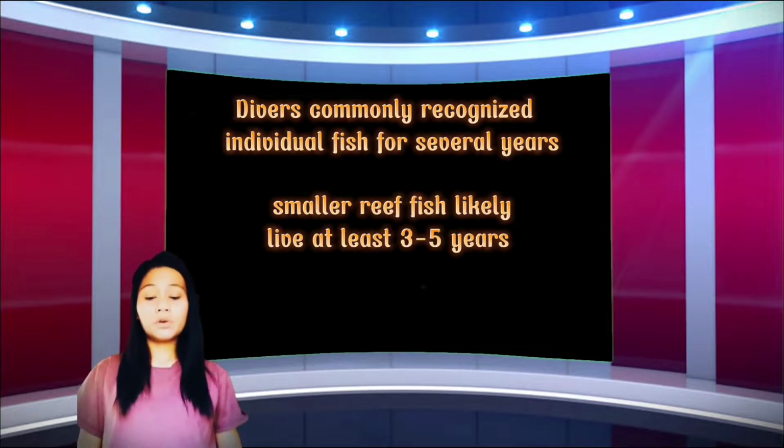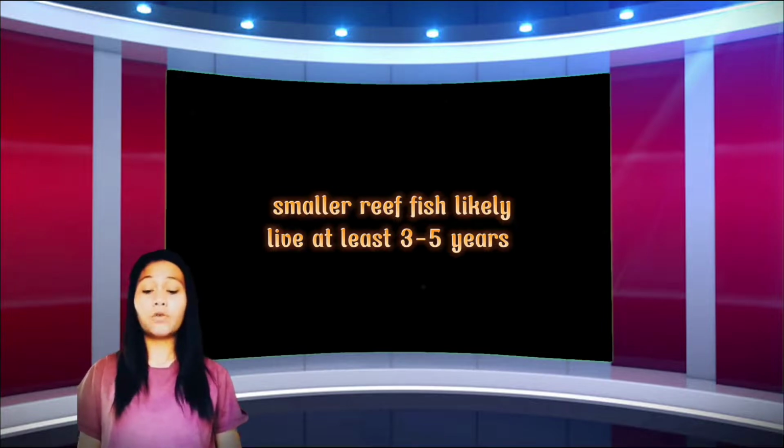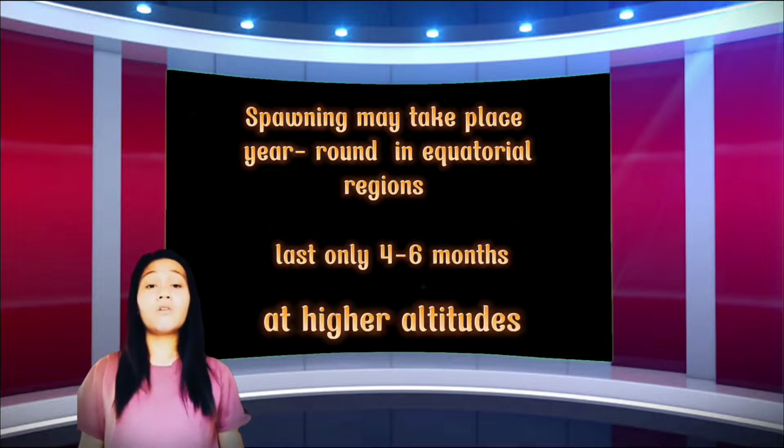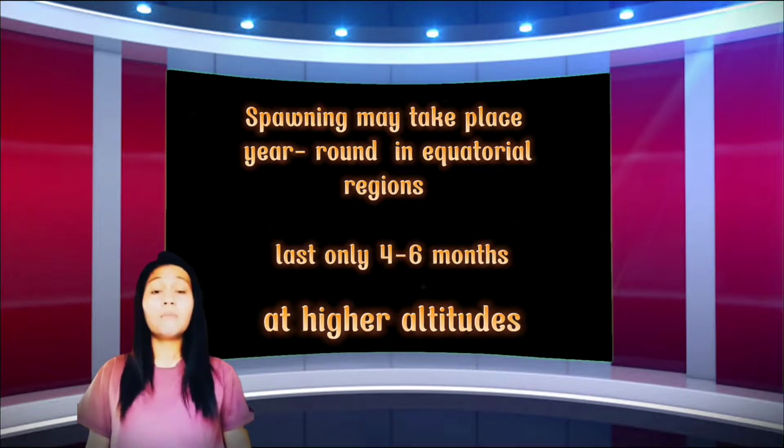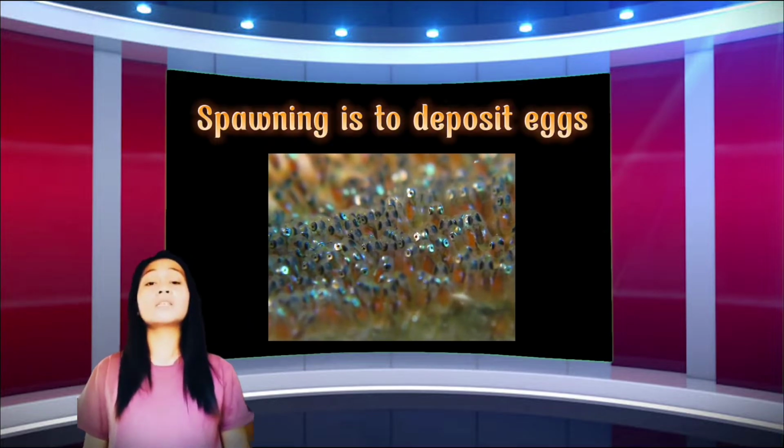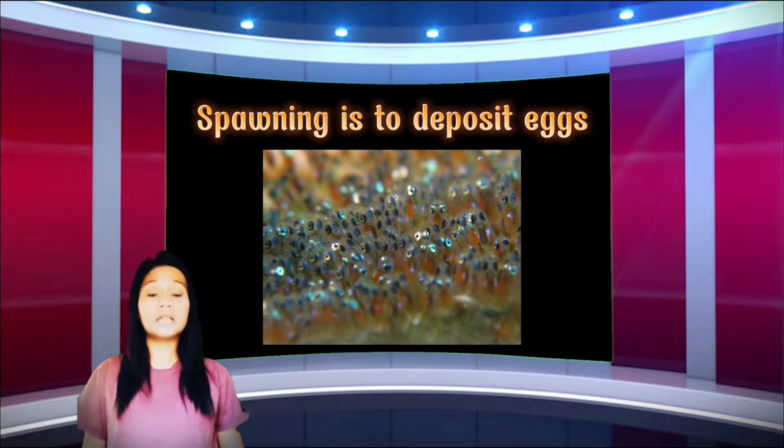Divers commonly recognize individual fish for several years in the same place, so most smaller reef fish likely live 3 to 5 years. Spawning may take place year-round in equatorial regions, but lasts 4 to 6 months at higher latitudes. Spawning means to deposit eggs or fertilize spawn.